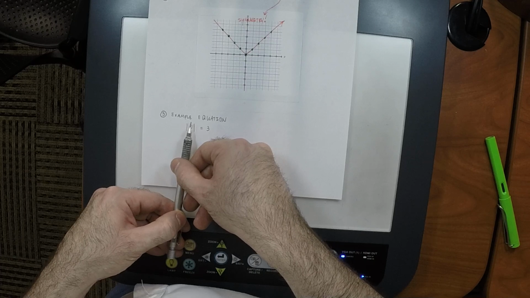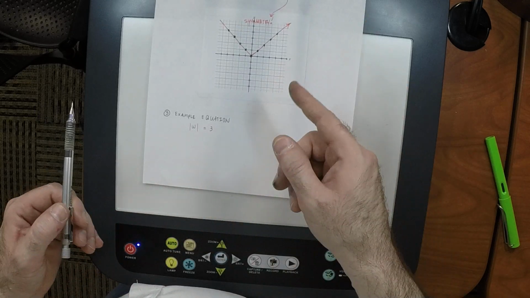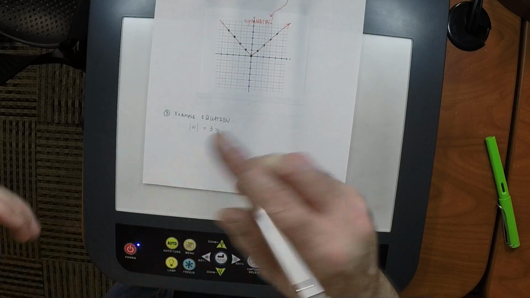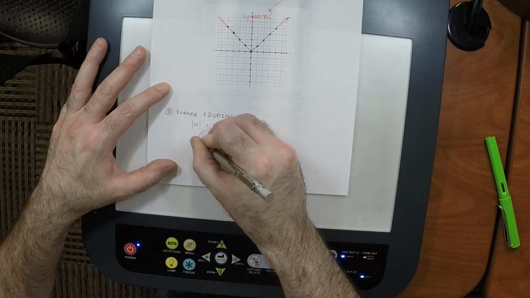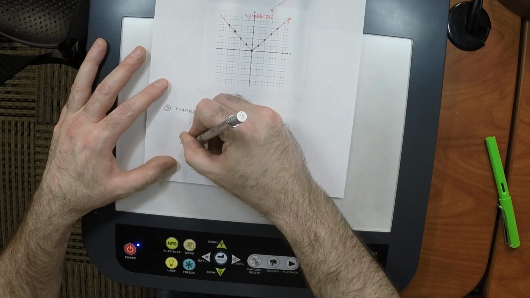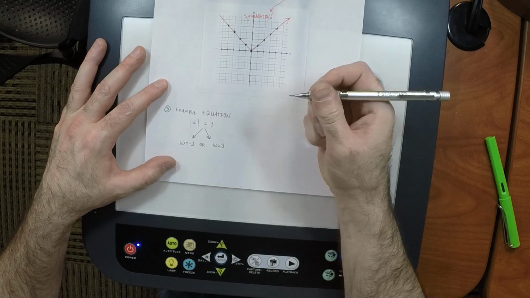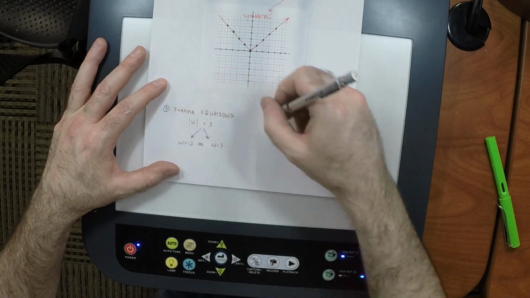Is there anything else? 3 would also work. So you could put -3 in, or you could put +3 in. So there'd be two possibilities: W is -3, or W is 3. Here are some example equations, I guess.